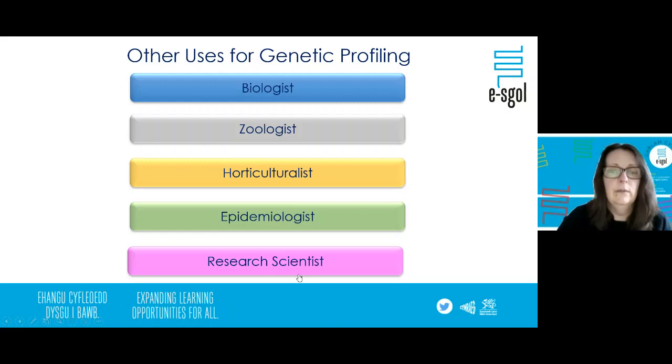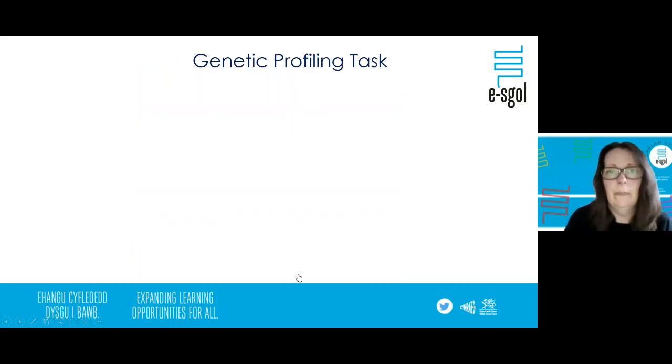So just to run through, biologists and zoologists, perhaps working with animals or plants, as in a horticulturist as well, might want to look at organisms and map their genetic profiles to see how closely related they are to each other to enable their use for various projects. Epidemiologists would be looking at perhaps using genetic profiling to study diseases and how they affect people, and research scientists also would be using profiling for that purpose too.